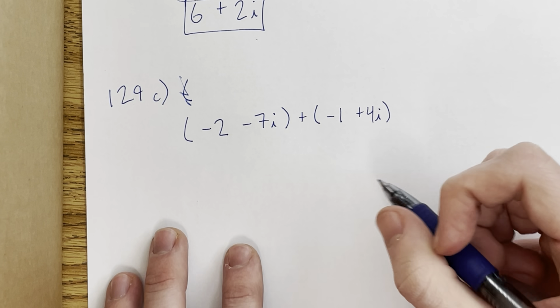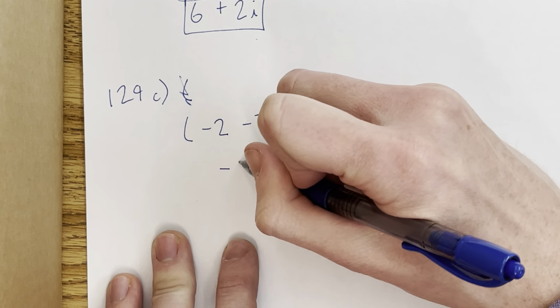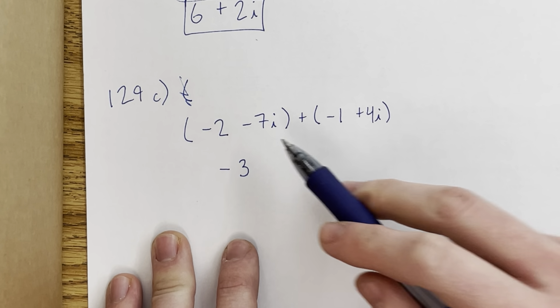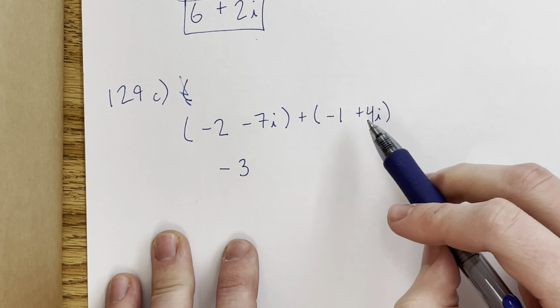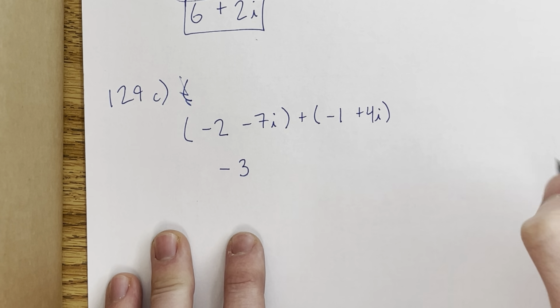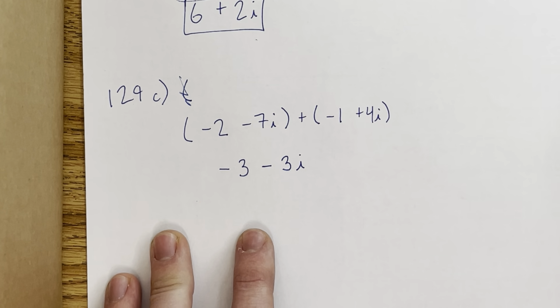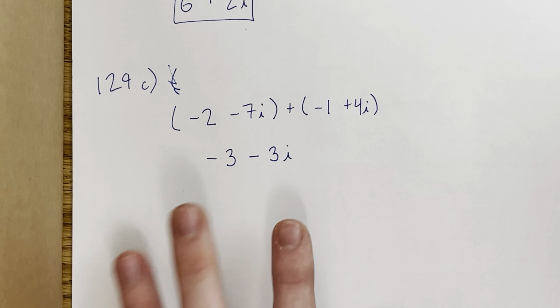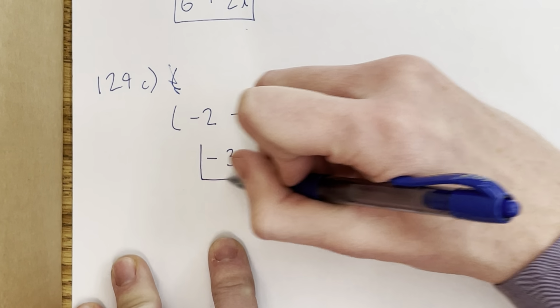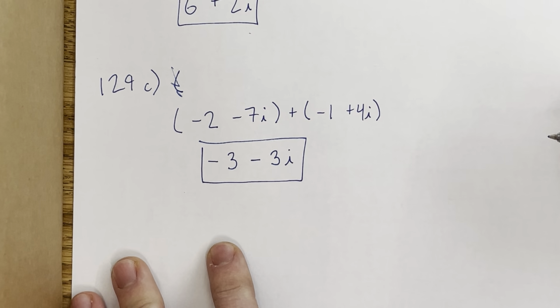So it's going to be -2 minus 1, which is -3. Then we have -7i plus 4i. So -7i plus 4i is -3i. This is as far as we can combine it. We can't go any further than this. So that is our answer.